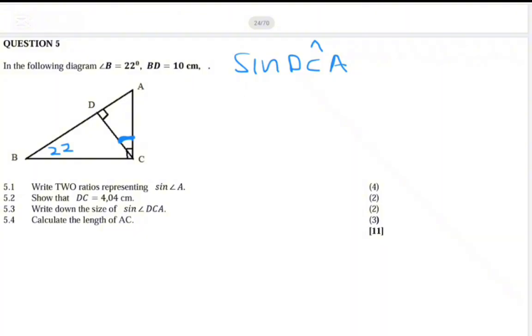We need to first find out the size of angle DCA. Since here we have 90 degrees, we can make use of the sum of angles in a triangle to find angle A. So we can say angle A plus angle B plus angle C is equal to 180 degrees.